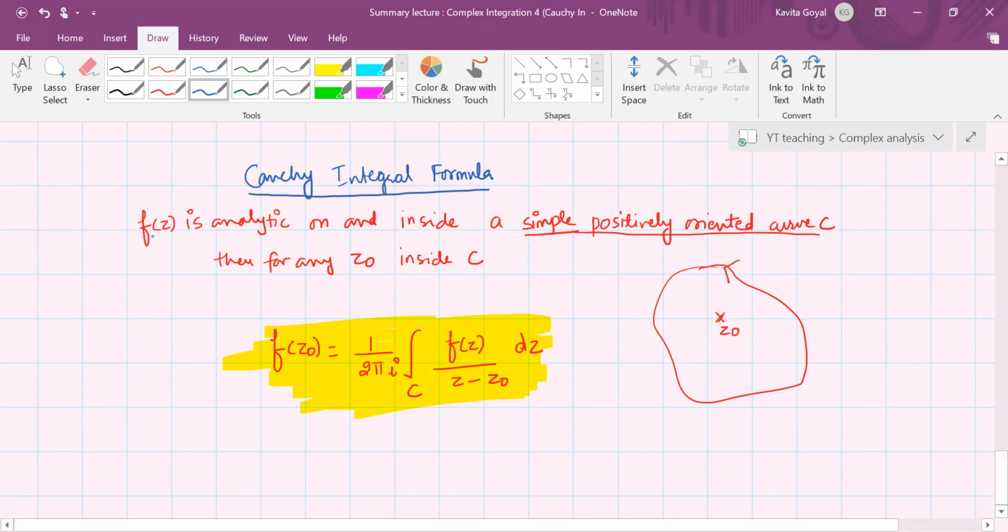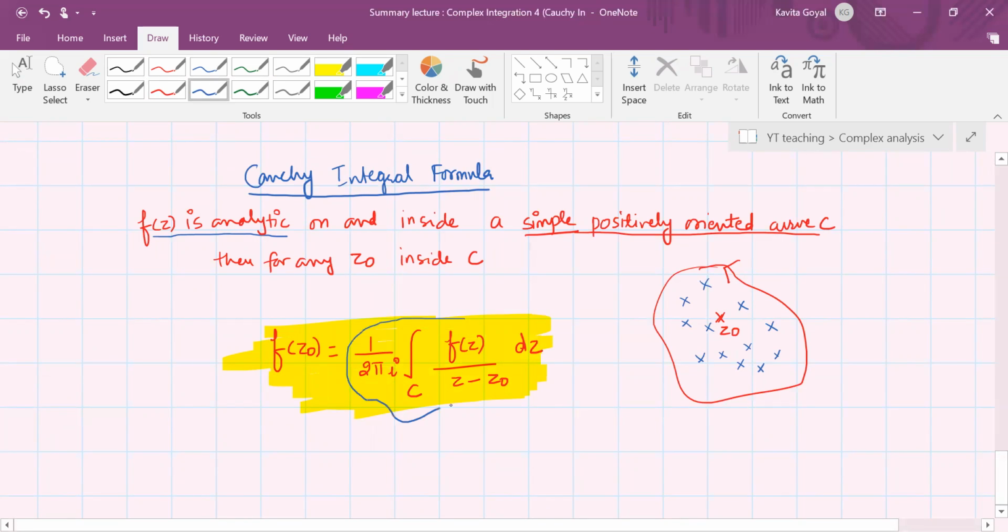We are saying that once the function is analytic inside and on the curve C, which is simple and positively oriented, then given any point inside that region, you can compute the value of the function at that point by just computing this integral.